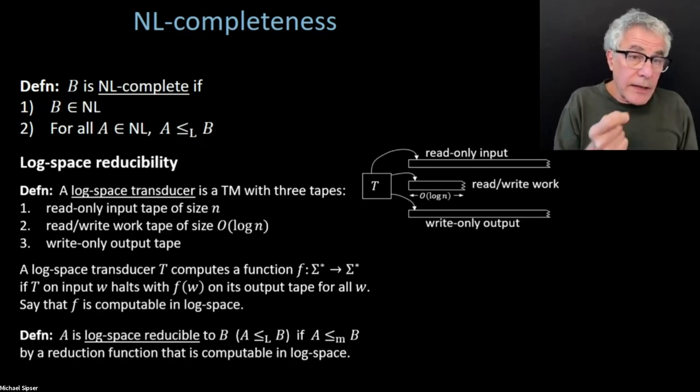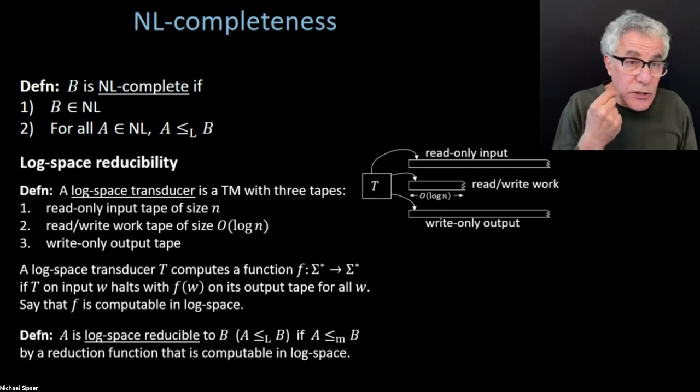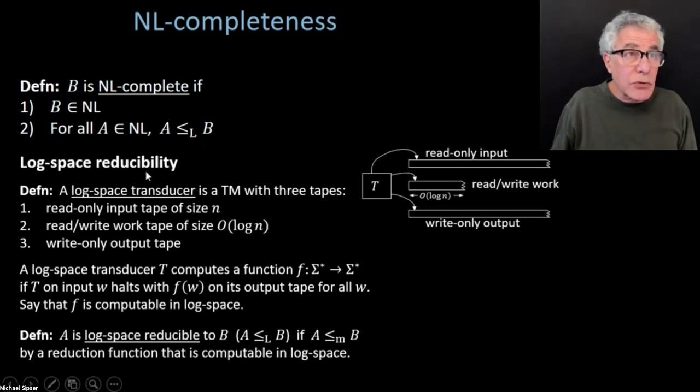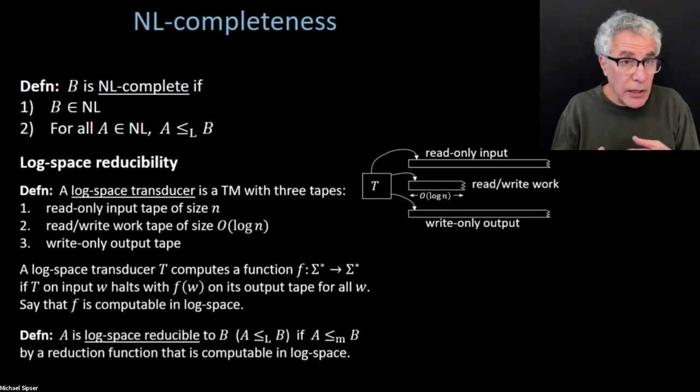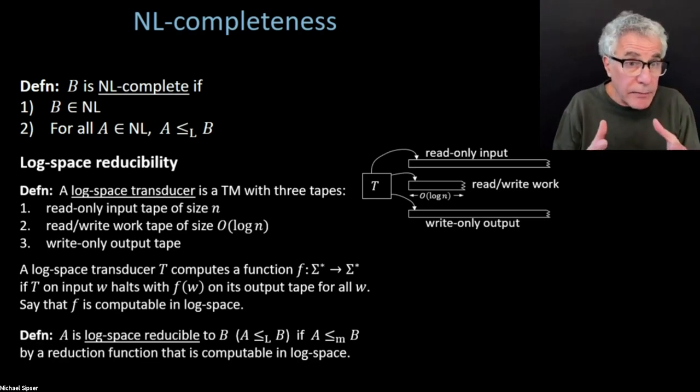Otherwise, if we had a polynomial time reduction mapping problems in NL to other problems in NL, the reduction function would be able to solve the problem A itself. That's not what you want. The reduction should be constrained only to be able to do simple transformations on the problem, not to solve the problem.